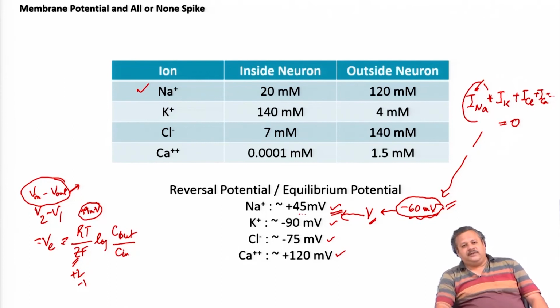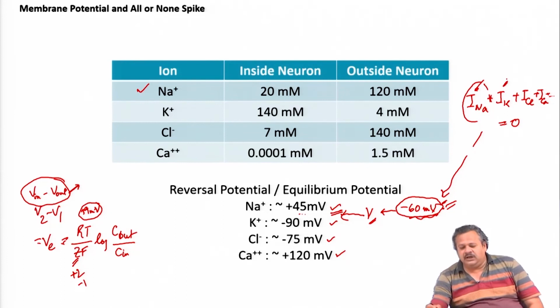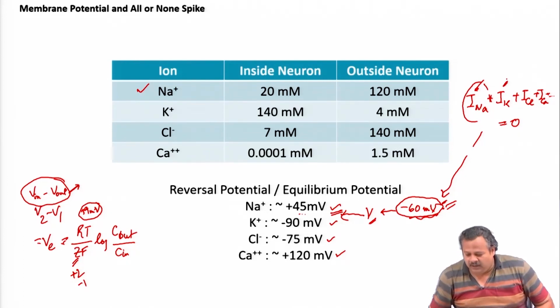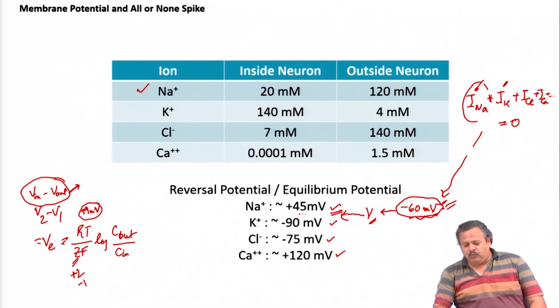In fact, what we will see is that there is a very small conductance for sodium at this resting membrane potential. Similarly, for potassium also, there is a very small conductance available at minus 60 millivolts, and hence at rest the minus 60 millivolt membrane potential is not pulled towards minus 90 millivolts by the potassium ions.